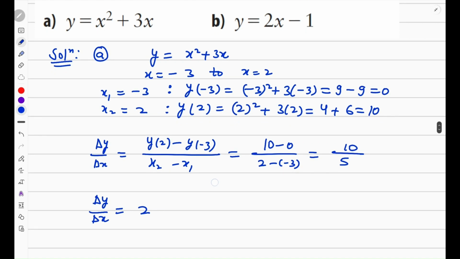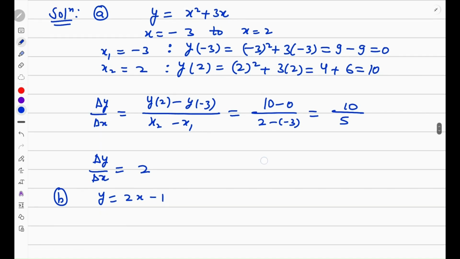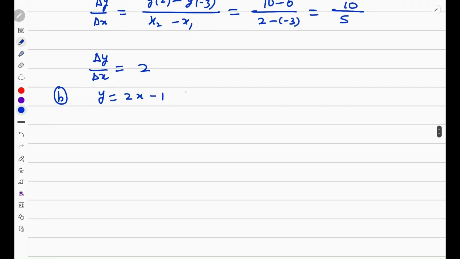In the next example, we have y equals 2x minus 1. We have the value of x1 as minus 3 and x2 as 2.